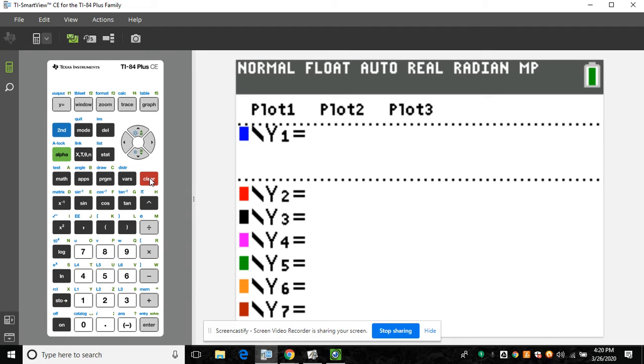We've got 4x to the third plus 8x squared minus 3x minus 9. So go ahead and pause here if you need to take another minute to type this equation in. We're going to jump on ahead.